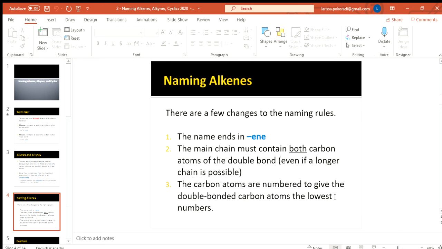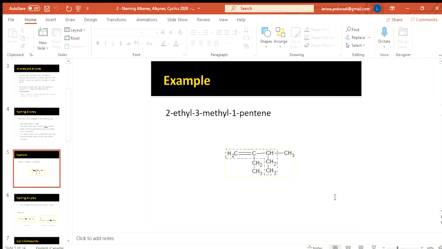Anyways, so let's see how we change these rules to name this guy. So we have in this box, it's hard to see with all the dashes, that's just one single bond, I'm sorry. We know this is our double bond, making it an -ene, making it an alkene. This has to be part of the main chain.